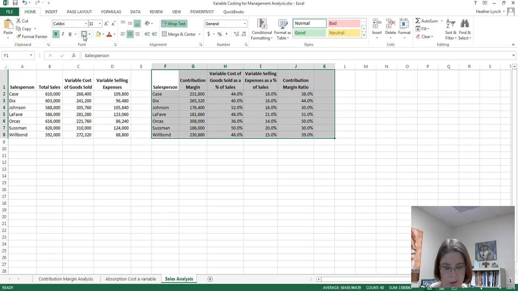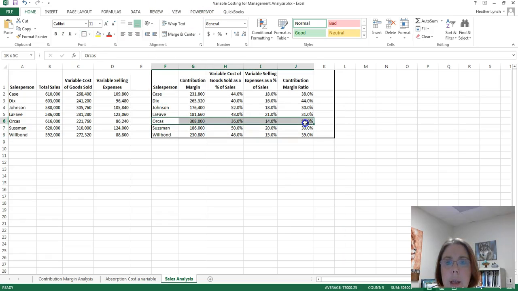Okay, so you're thinking, okay, that's fine and dandy, but what we can see here is on this, Orcus, he had the highest contribution margin and contribution margin ratio. Why?